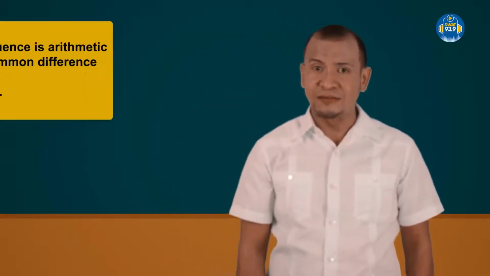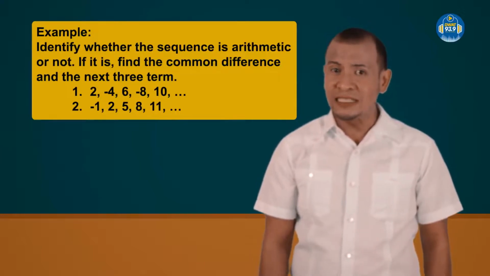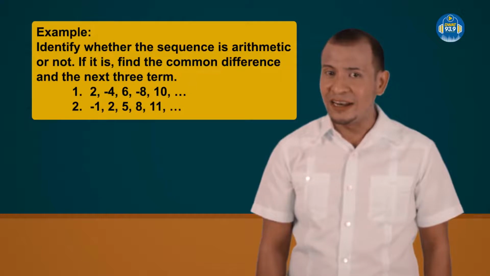Now, it's your turn to identify whether the sequence is arithmetic or not. If it is, find the common difference, which is D, and again, the next three terms. So, first we have the sequence 2, negative 4, 6, negative 8, and 10, and so on.